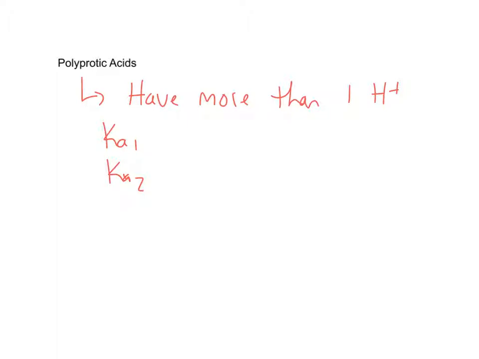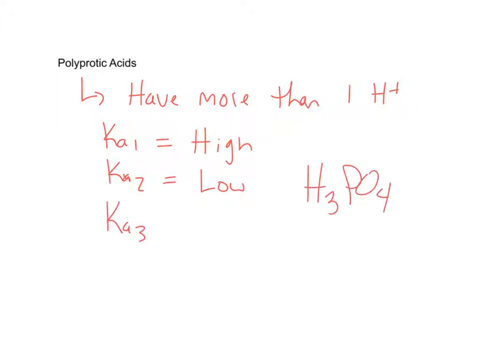Now, in polyprotic acids, the first Ka is really, really high, and every one after that is subsequently lower. If you have a triprotic acid like H3PO4, for example, the third is going to be the lowest of them all. This is a pretty common and important observation to make about polyprotic acids.